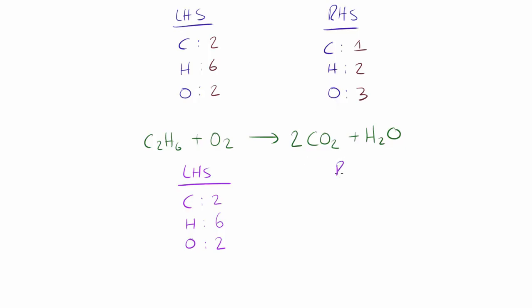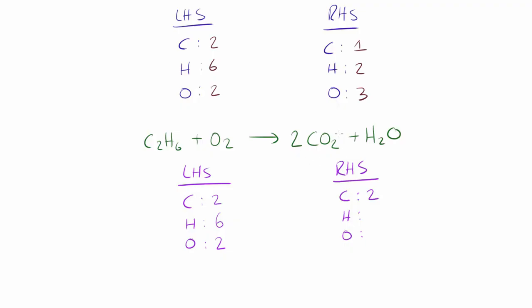Now for the right hand side, we did put a 2 in front of the CO2, and that doesn't just affect the number of carbons. Because we've got oxygen present in that species as well, it's going to affect the oxygen also. So 2 CO2 is going to effectively double the number of carbons, which was our primary aim anyway.